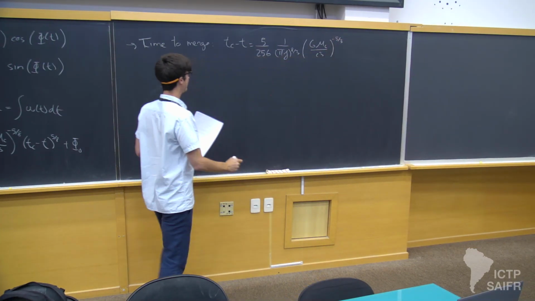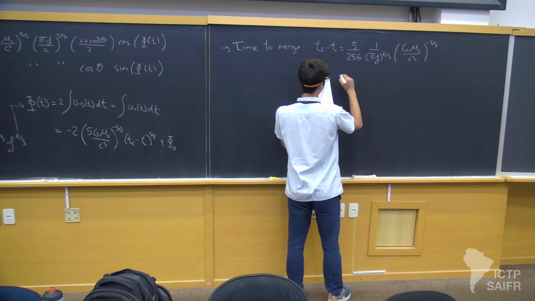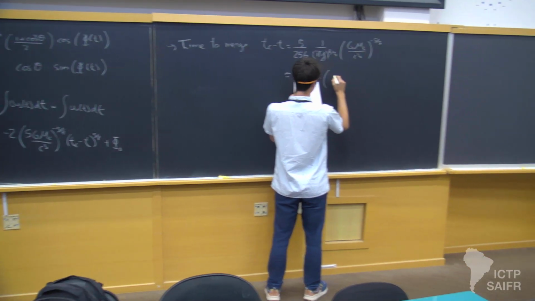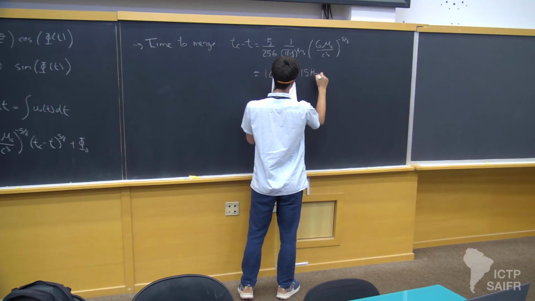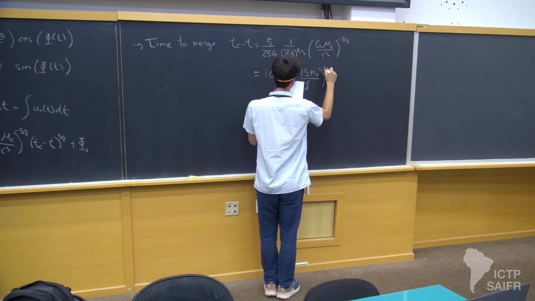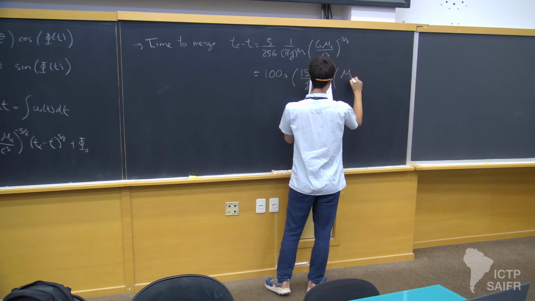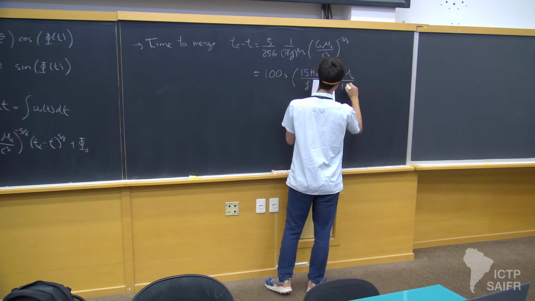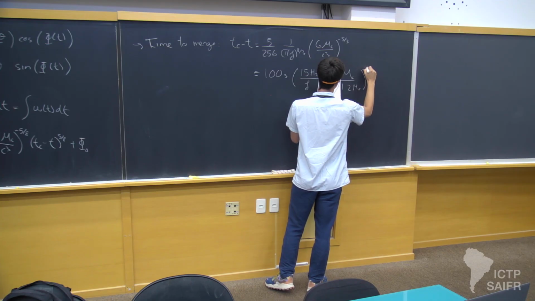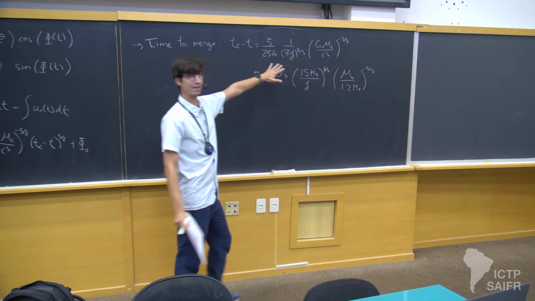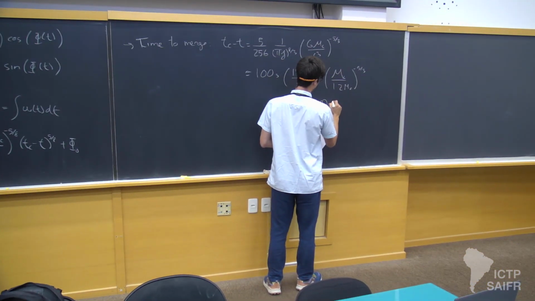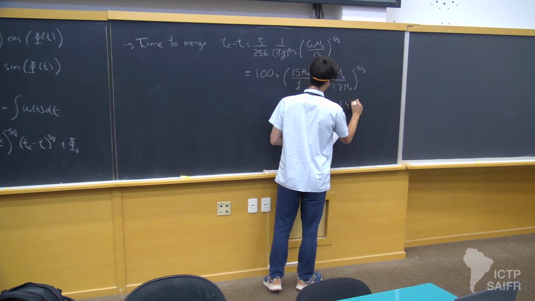And then if you put units here, what you have is that this is about 100 seconds if your frequency is about 15 hertz, and the chirp mass is about 1.2 solar masses. So this would be the case, for example, of a binary neutron star. A binary neutron star has masses typically of 1.4 solar masses.